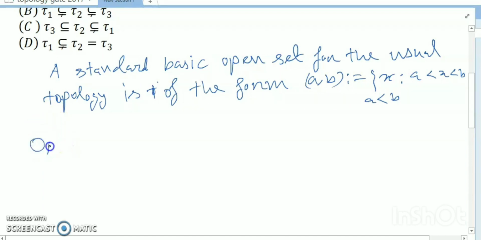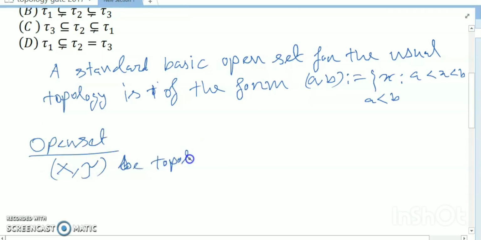What is an open set? Let (X, tau) be a topological space and A a subset of X, A not equal to phi.